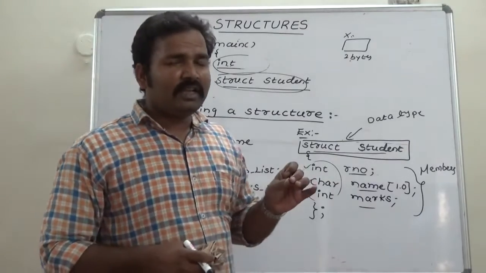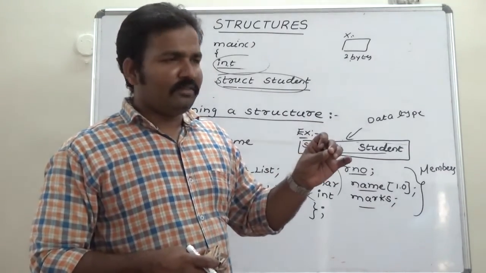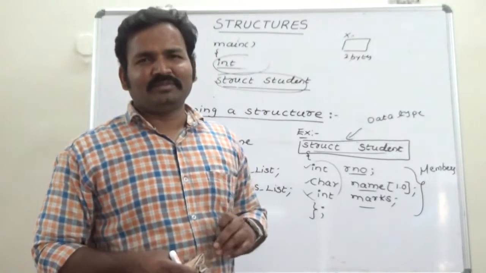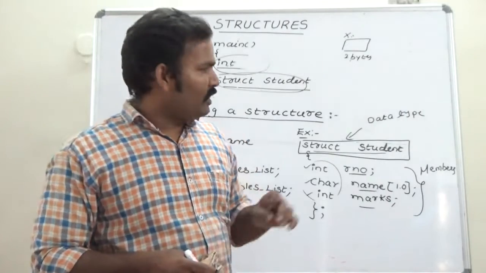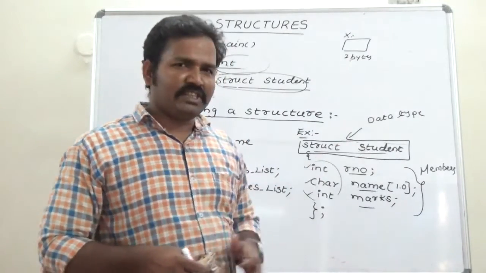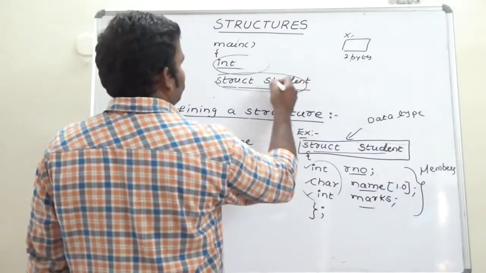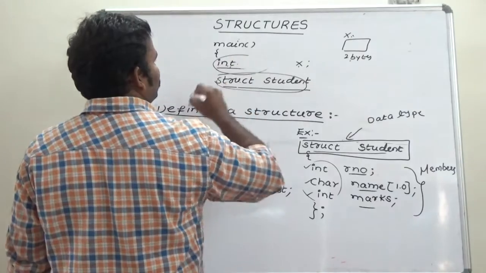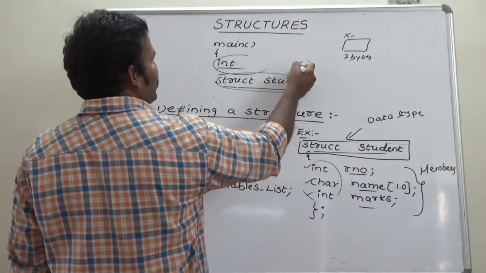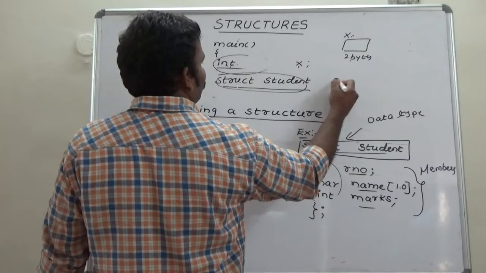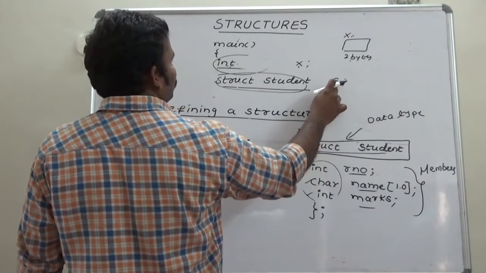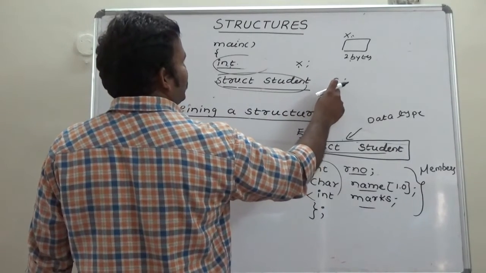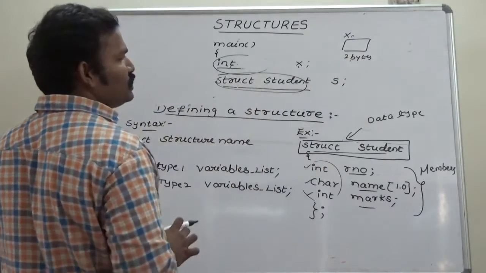We have to declare one variable as struct student type. Just as X is a variable declared as int type, here we have to declare one variable of struct student type. So S is declared as a struct student type variable.